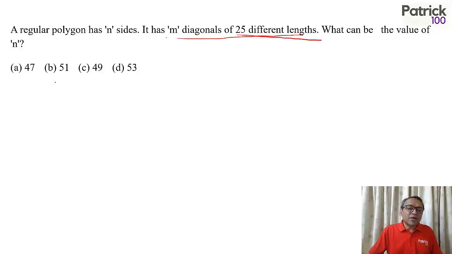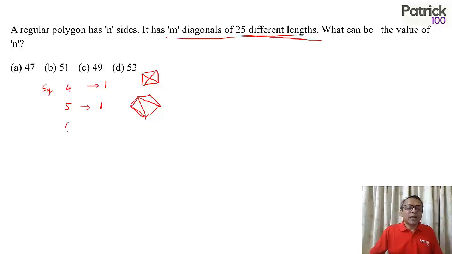A triangle doesn't have any diagonals, but if I look at a square, a four-sided figure, there is only one diagonal length. If I take a pentagon, a five-sided figure, draw it and see how many diagonal lengths there are. Both diagonal lengths are the same, so there is basically one diagonal length.